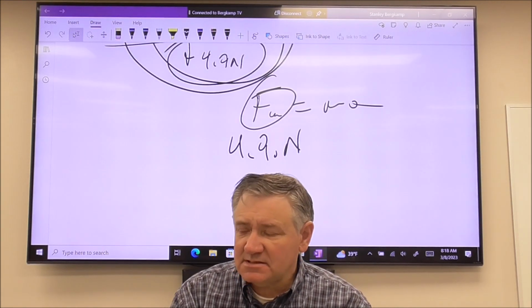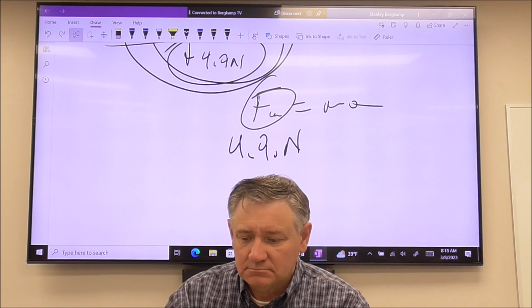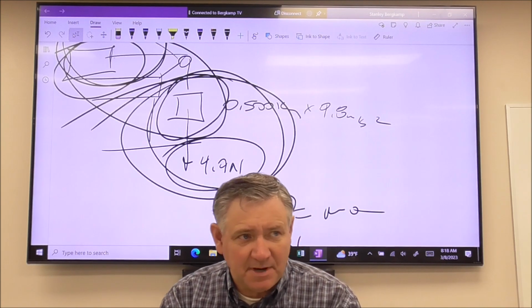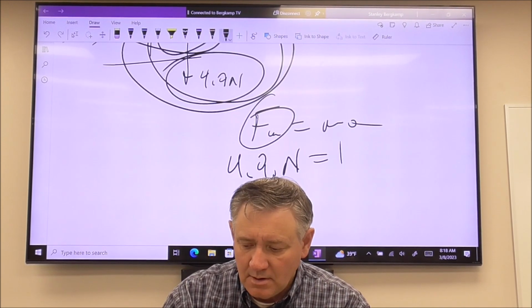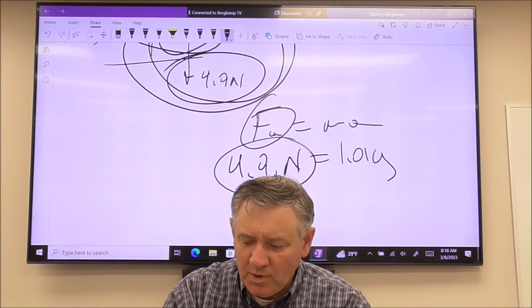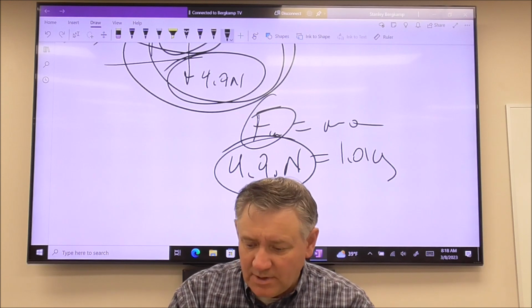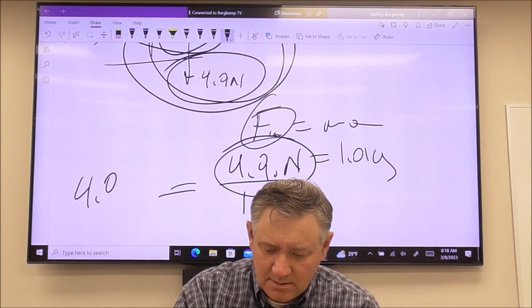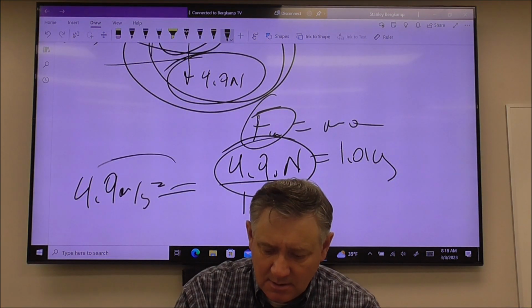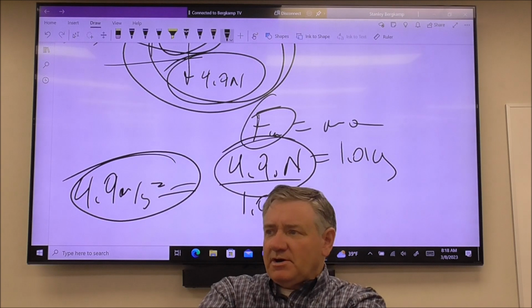So what's the total mass of the system? I got 0.5 and 0.5. Check my math, but that adds up to 1 kilogram. So now I have a 4.9 Newton force acting on 1 kilogram. Divide that by 1, I should get, unless things have changed, 4.9 meters per second squared.